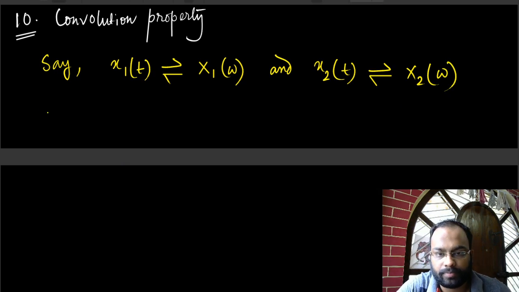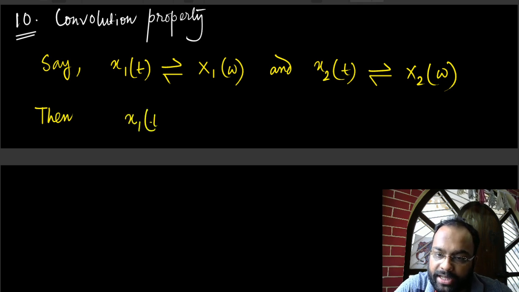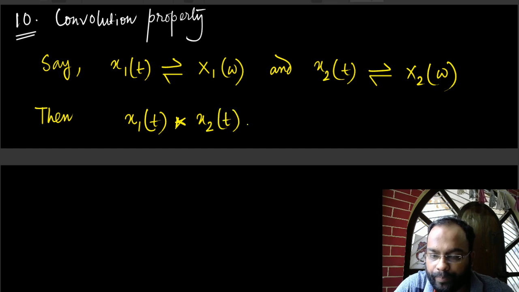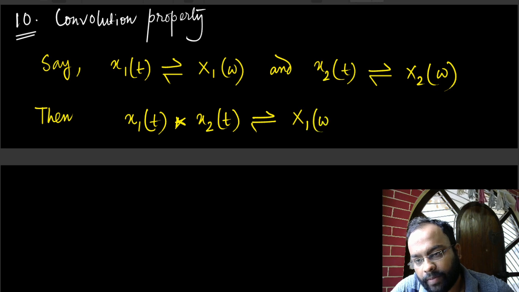Then what is the Fourier transform of the convolution of x1t with x2t? The answer is the product of the Fourier transforms.